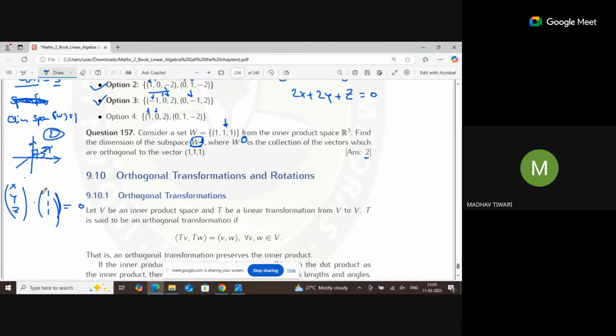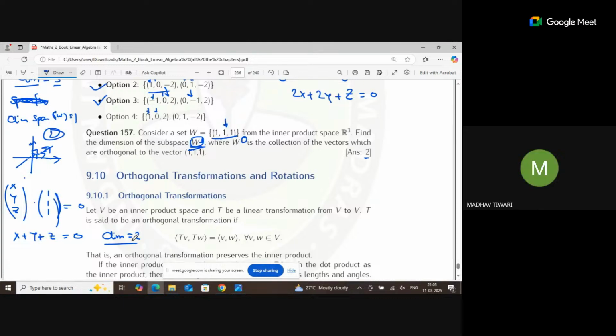The equation that I will get from here will be the equation of that subspace that is perpendicular to this subspace. So what I will get here is x plus y plus z is equal to 0. You can see that it is an equation of a plane. So what will be the dimension? The dimension will be 2 here directly. Is that clear? Yes, sir.